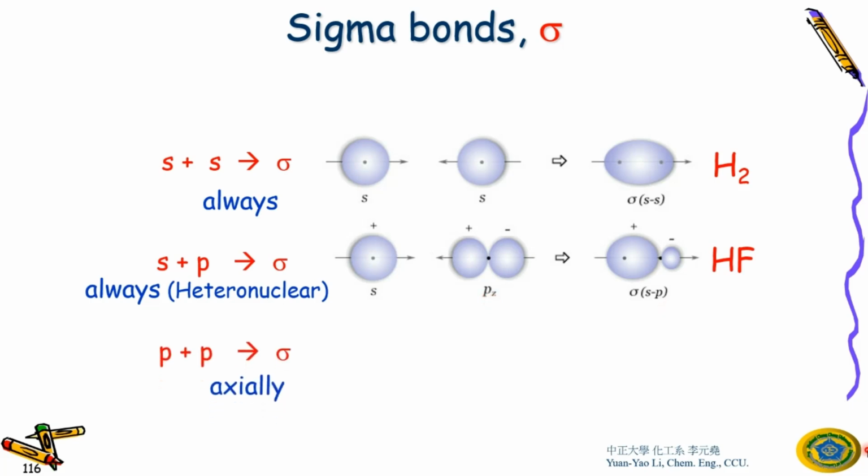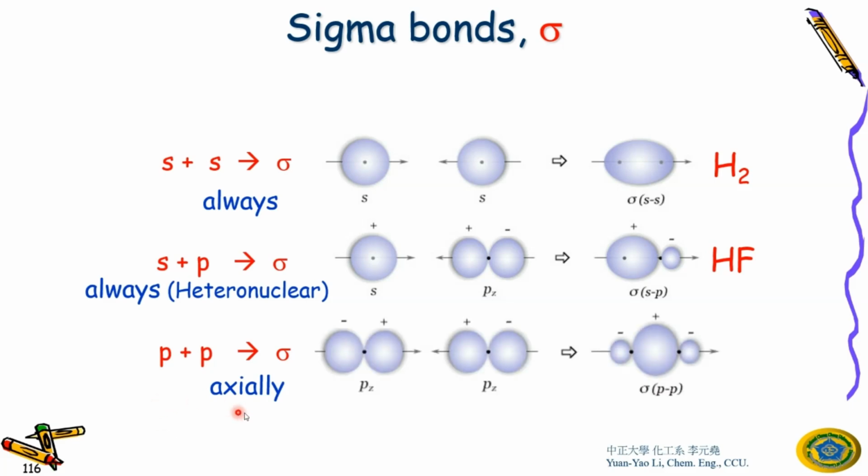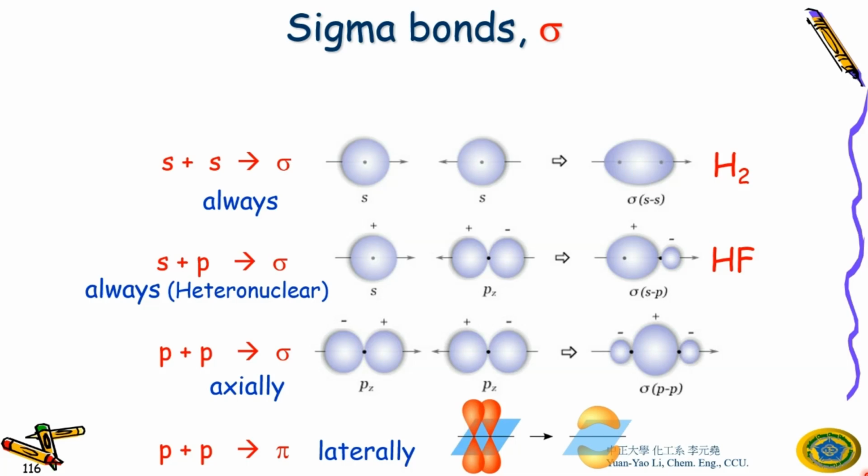How about p and p? If we smear axially, that means that's a sigma bond. But if it's smeared laterally, that's a pi bond, right? So that's what we just learned. Again, there are two nuclei, and between the nuclei there's a continuous electron density. Again, this is called sigma bond. Laterally, this is pi bond.